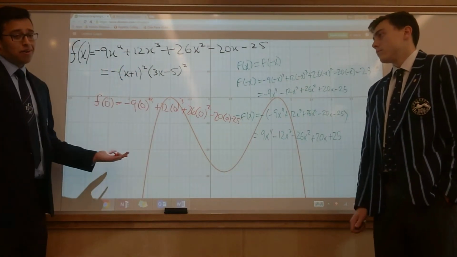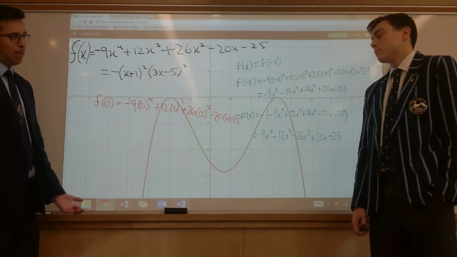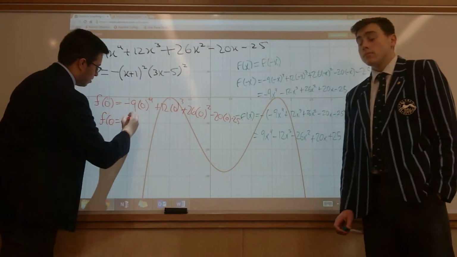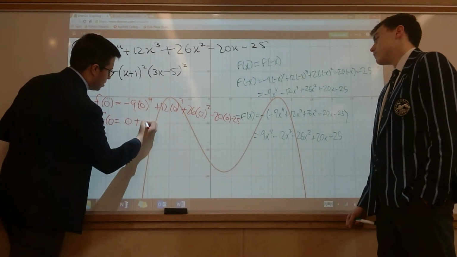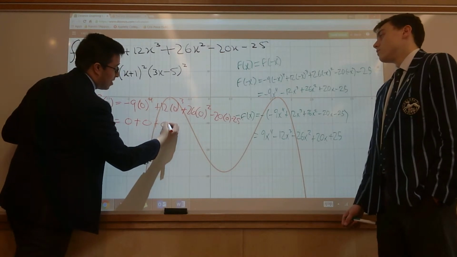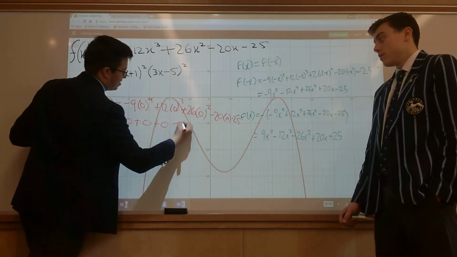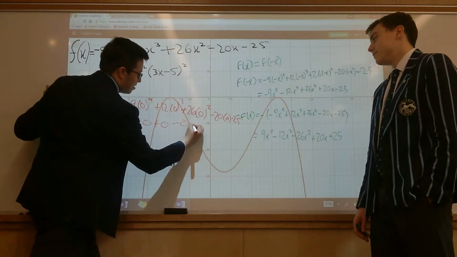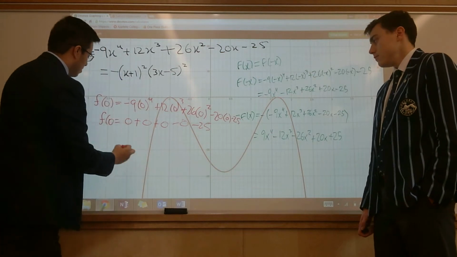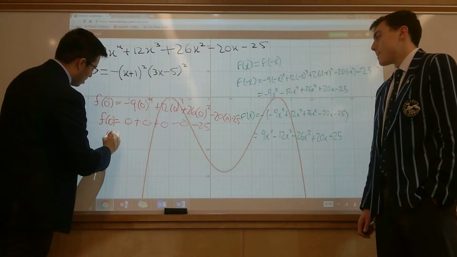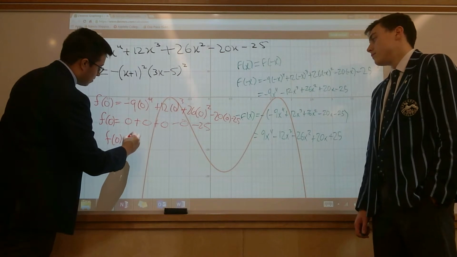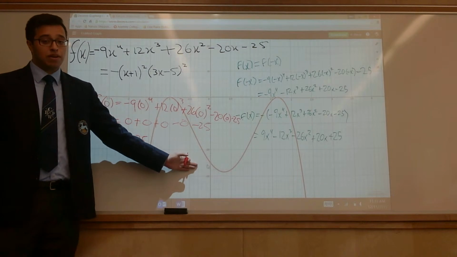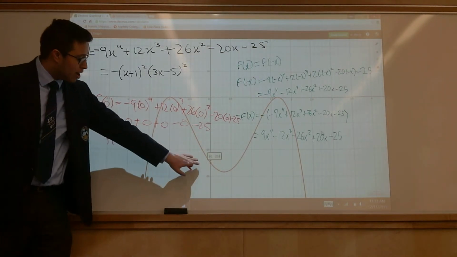Now, we all know that 0 to the power of anything is 0, and anything times 0 is 0. So, f of 0 must equal 0 plus 0 plus 0 minus 0, and then minus 25. So, f of 0 equals minus 25. So the y-intercept is (0, minus 25). As you can see from our graph here, we are correct.